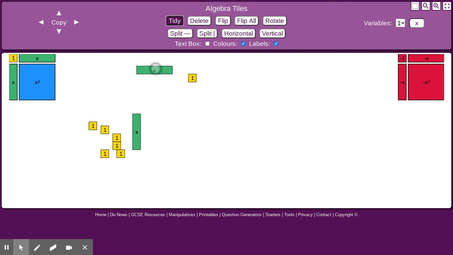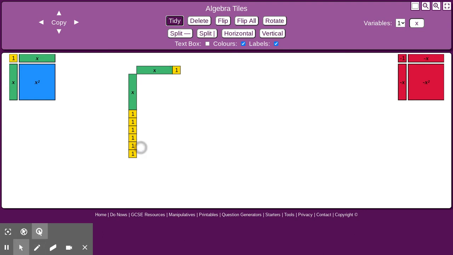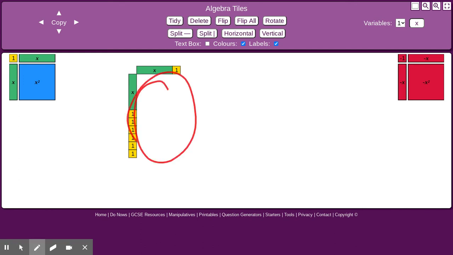So what we need to do is line these things up like this, so that x plus 1 is along the top and x plus 6 is along the side like this. And then we essentially need to fill in the blanks right here and make it a big rectangular shape.